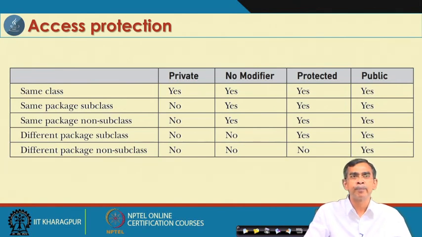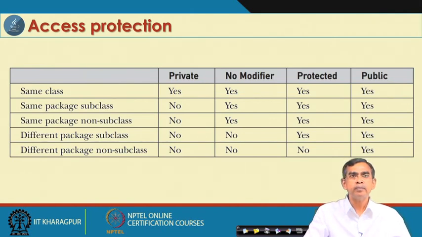So, this is obvious. The same package non-subclass, that means it is not a subclass but belongs to the same package: private cannot access, default can access, protected can access, and public obviously can access.